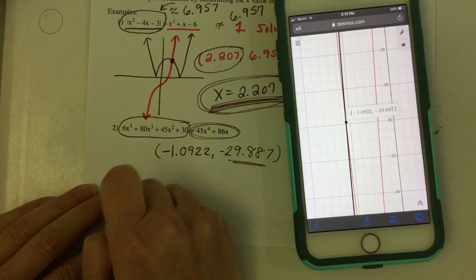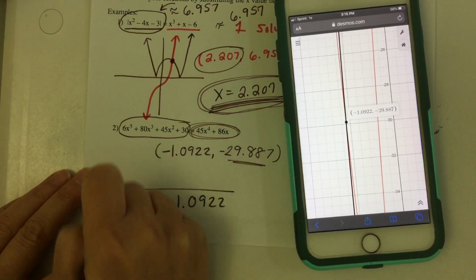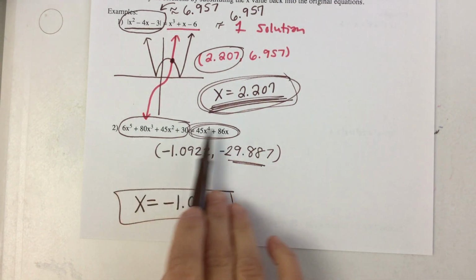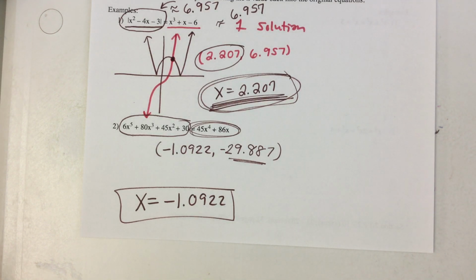Your answer is the x value, because you're answering the question, what x value could I put in here where I would get a true statement? Okay, hopefully that one made sense.